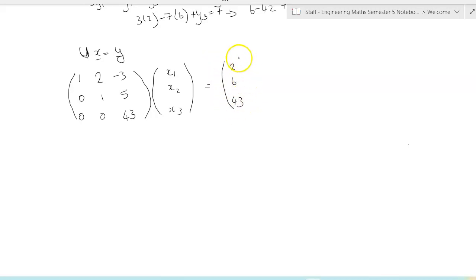Again, it's a 3 by 3 matrix multiplied by 3 rows by 1 column, a 3 by 1 matrix, and when we multiply these out, we'd get a 3 by 1 matrix.